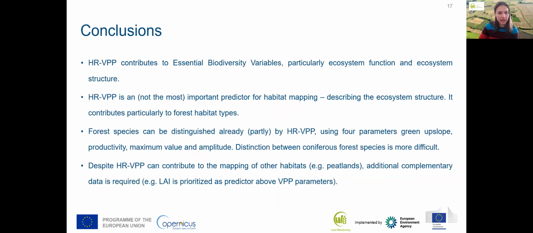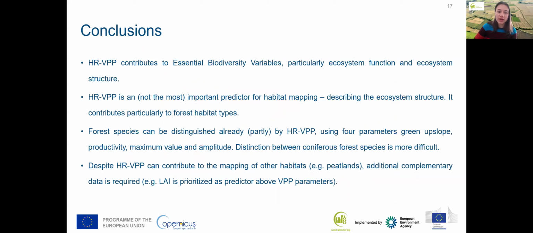So if you go to the next slide, here I would like to add some take-home messages. In conclusion, the HR-VPPs are definitely contributing to essential biodiversity variables, and particularly in habitat mapping, such as the ecosystem structure.